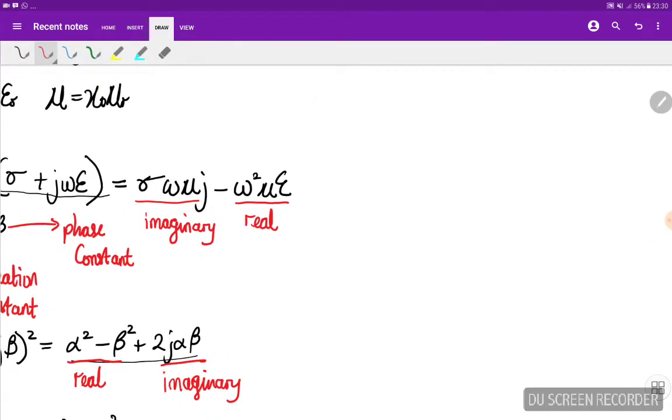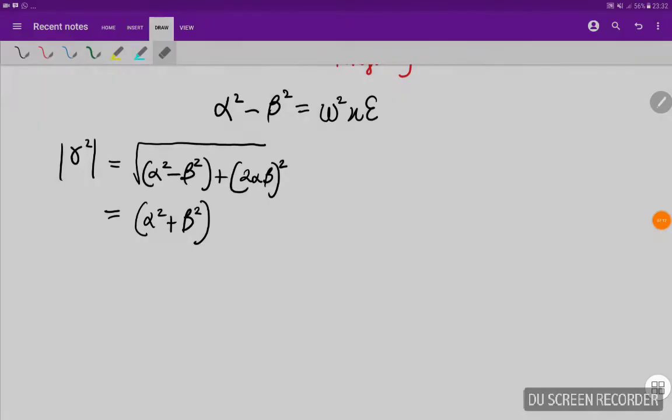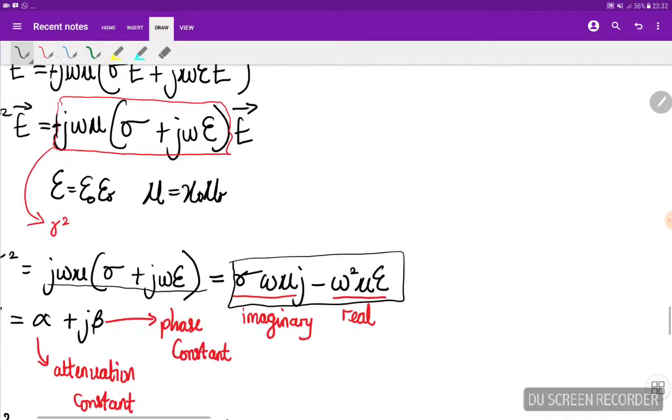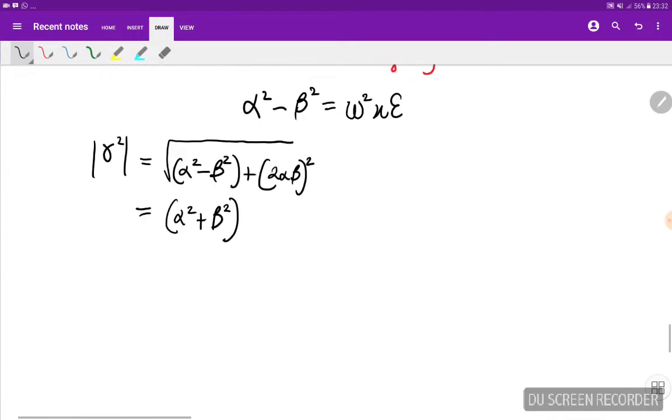We do the same thing for this one and find its magnitude from the actual formula itself: imaginary squared plus real squared, all square root.